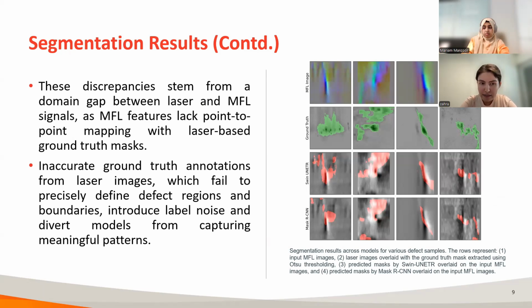The defect characteristics in MFL don't have point-to-point mapping with the laser-based ground truth mask. Also, we have inaccurate ground truth annotations from laser images. As you see here, it fails to precisely define defect regions and boundaries for samples, which introduces label noise, and it hinders the model from capturing meaningful patterns and causes it to overfit on the noise.